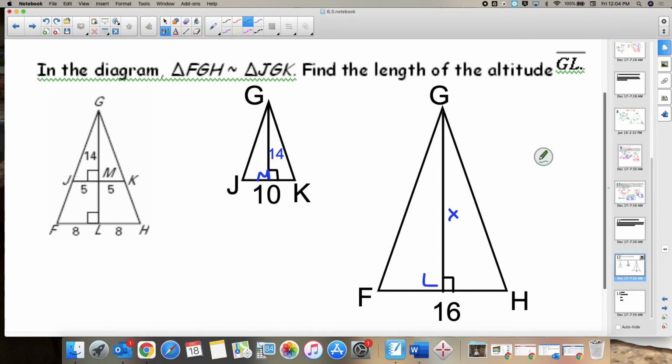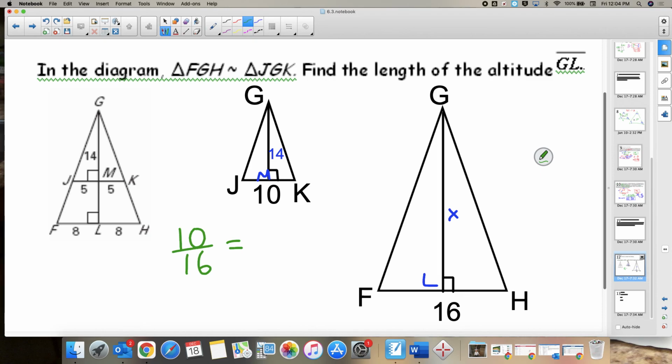Right? So just like our side lengths, we can use side lengths and altitudes in the same problem. When we go to do that, our ratio of our side lengths are 10 to 16.